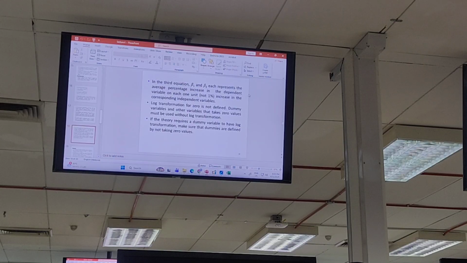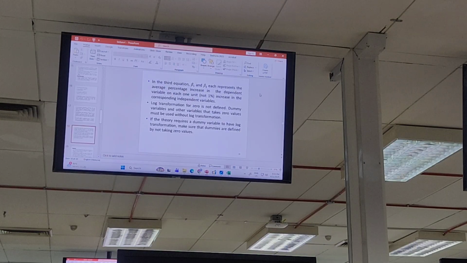In the third equation, beta 1, beta 2 each represent the average percentage increase in the dependent variable for each one unit, not percent, but X in units, Y in percent, increase in the corresponding independent variable.